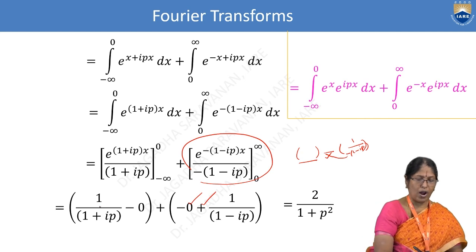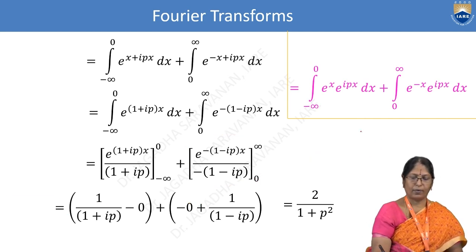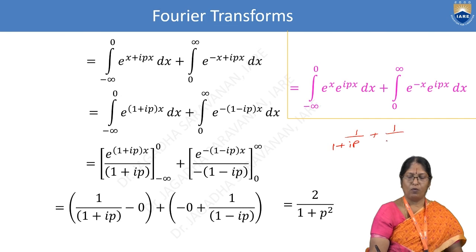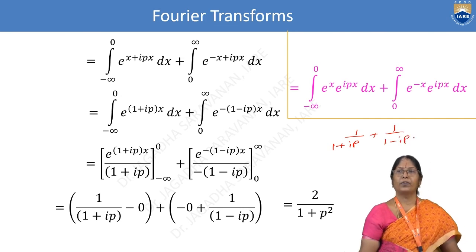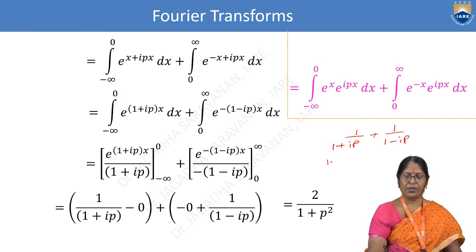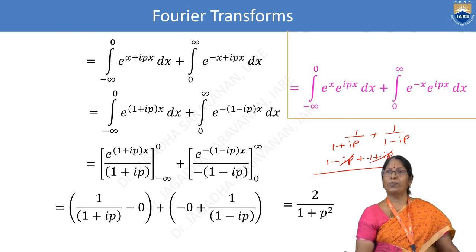Now 1 by 1 plus ip, minus 1 by 1 minus ip. Just the simplification, cross multiplication, is done. ip cancelled, 1 plus 1. So the numerator, 2, we got it.